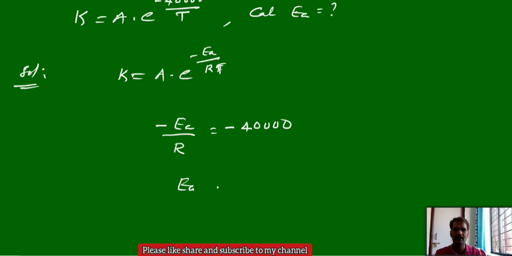From this, EA is equal to 40,000 times the gas constant R. So what is the R value here? It depends on whatever option they give. If they give the answer in terms of joules, you can use 8.314, and if the option is given in terms of calories, you can go with approximately R equal to 2 calories. So accordingly you can take the R value.